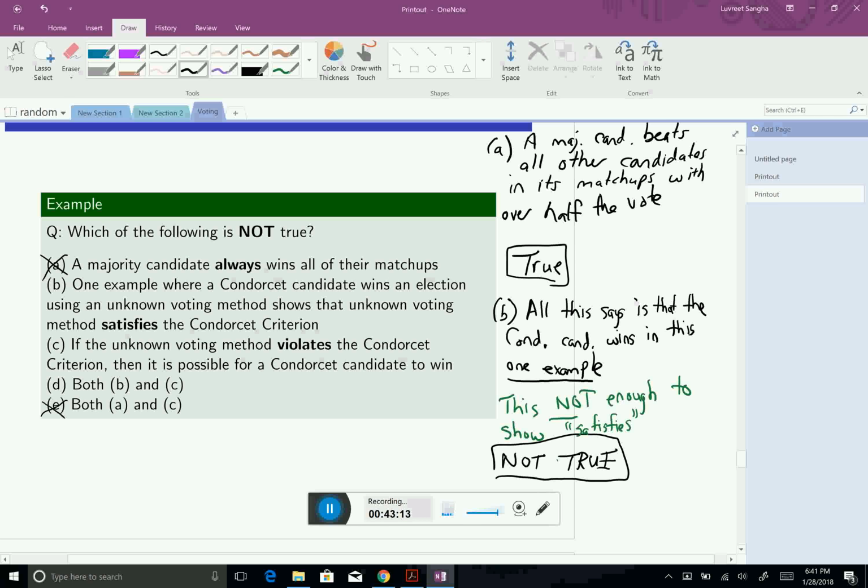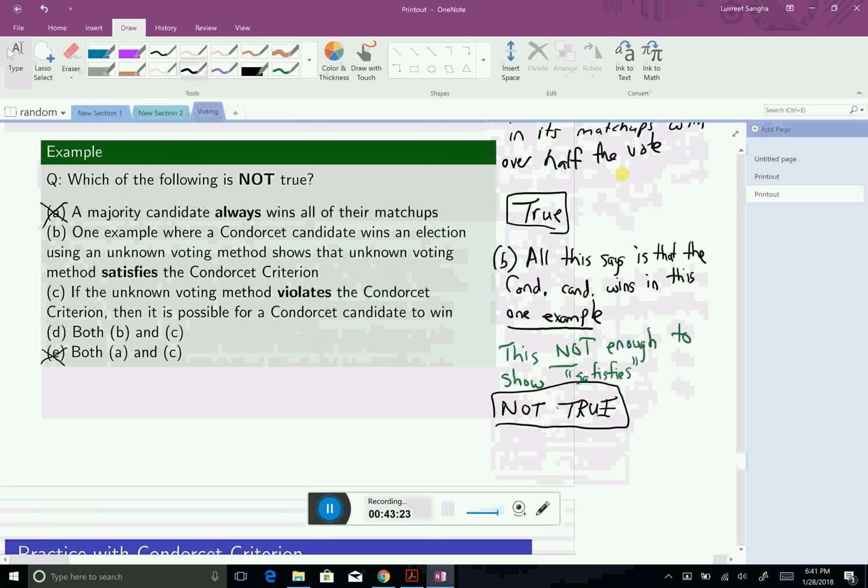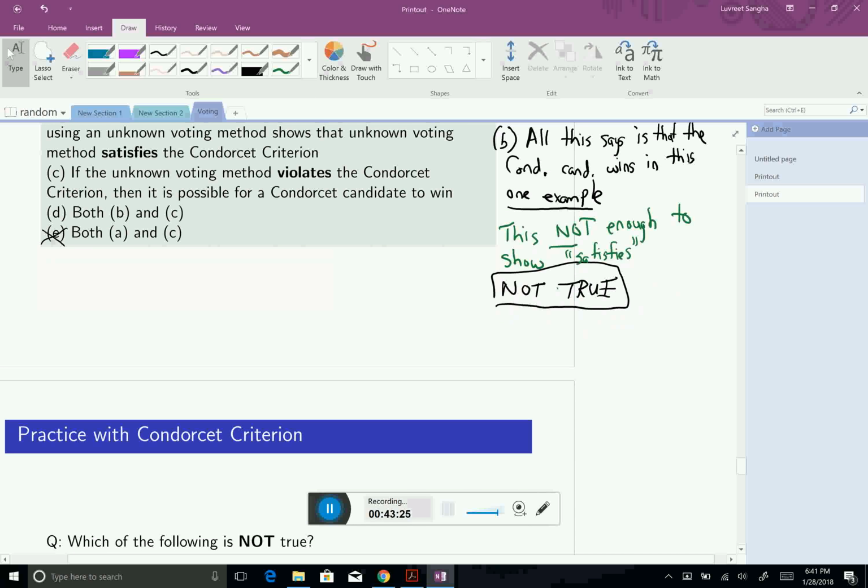Okay, so then we have to look at part C. C says, if the unknown voting method violates the Condorcet criterion, then it is possible for a Condorcet candidate to win. So let's break this down.